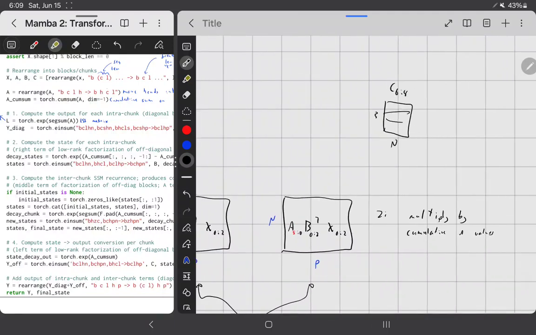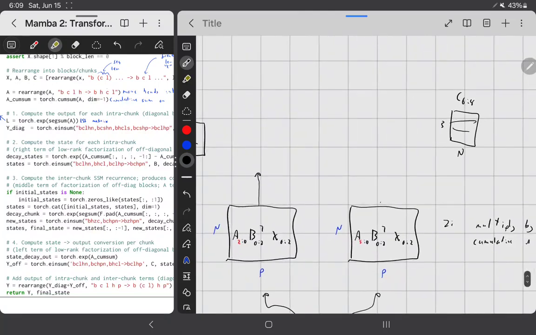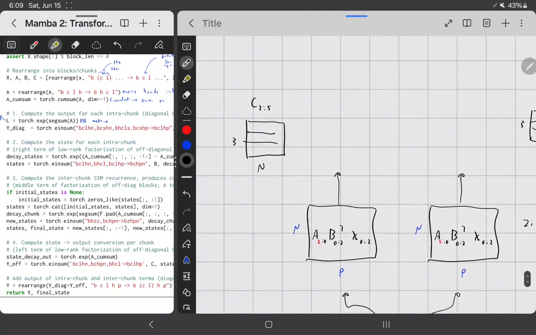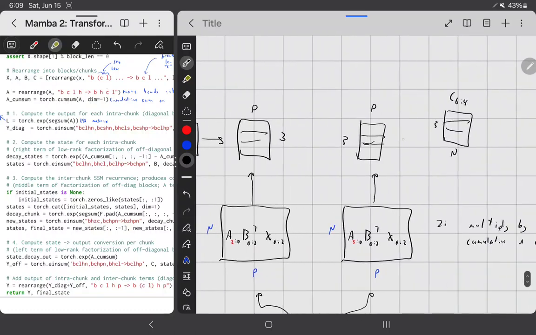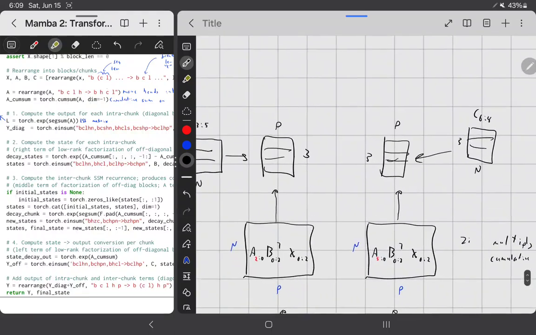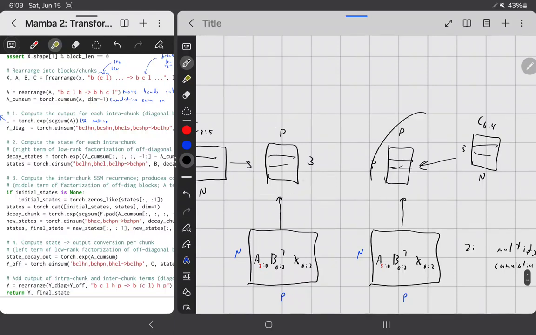So this will be 3 by n as well. These are our two different output C matrices that we're going to multiply with. And this gives you a 3 by p matrix, and this also gives you a 3 by p matrix. So you multiply these together, and this gives you your output matrices.